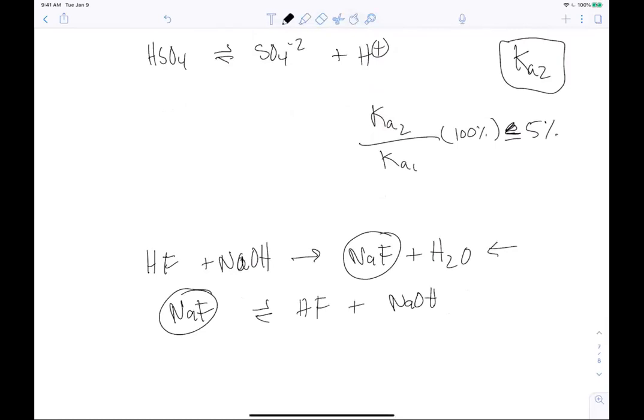You think about the neutralization happening as its own thing. Imagine that goes to completion, and then the second step is it comes to equilibrium. The reality is that every time this forms, it is immediately, or very quickly, coming to equilibrium with HF and sodium hydroxide.